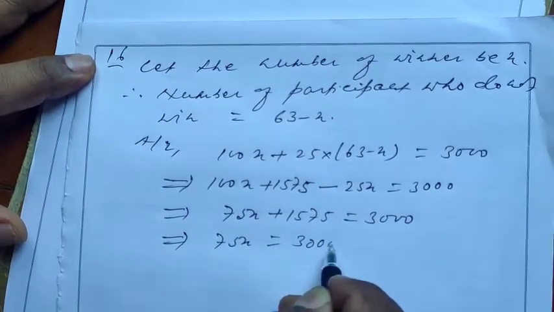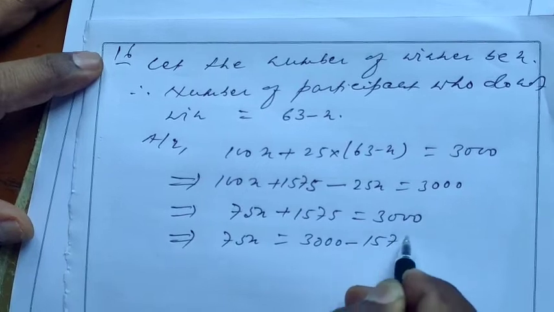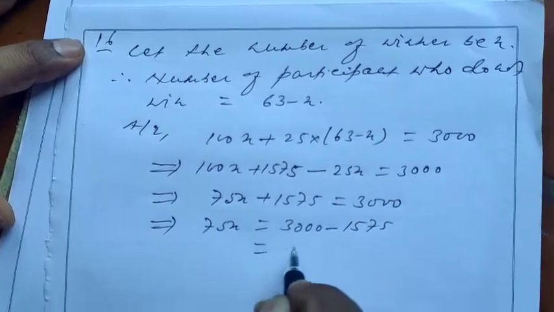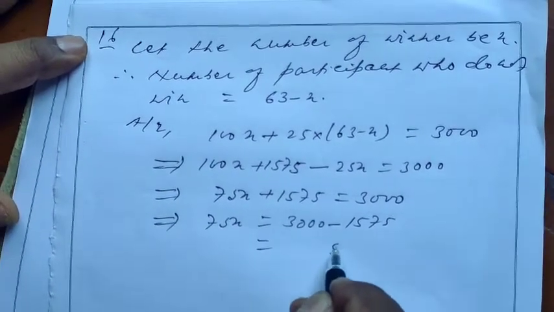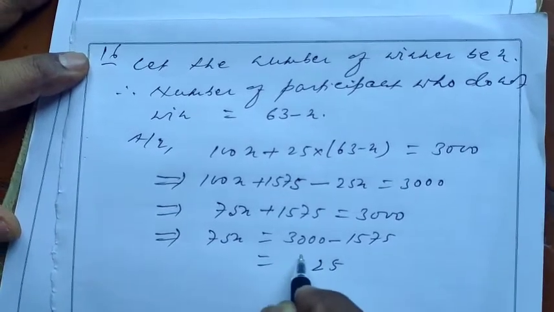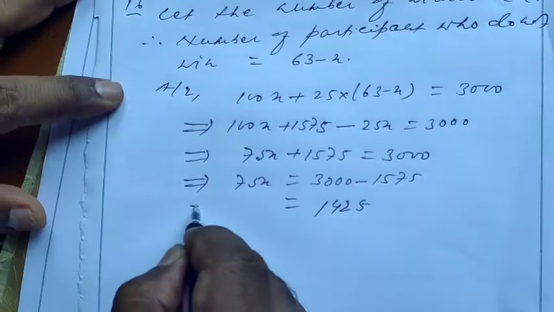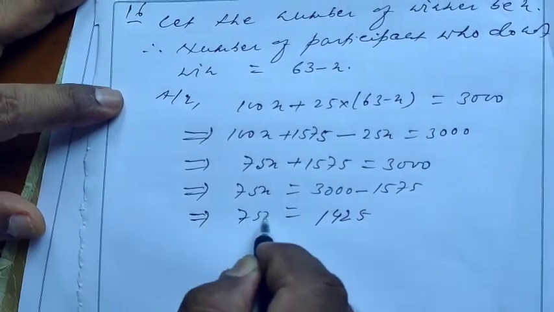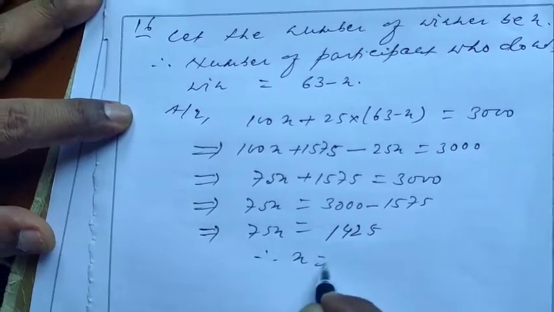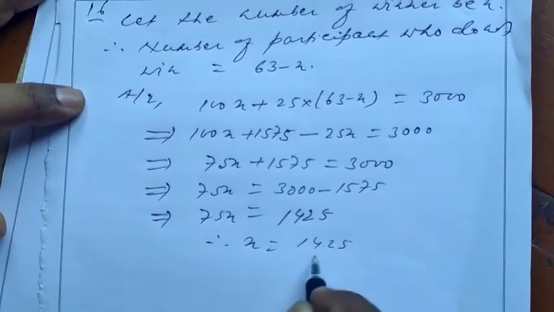Therefore 3000 minus 1575 is 1425, this equal to 75x, and therefore x equal to 1425 by 75.